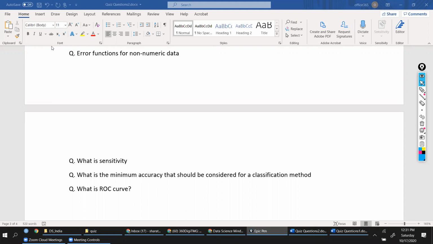It's a plot which gives us the curves representing the values of true positive rates versus false positive rates. It's taking the trade-off between true positives and false positives. We want true positives. That means false negatives should be 0.